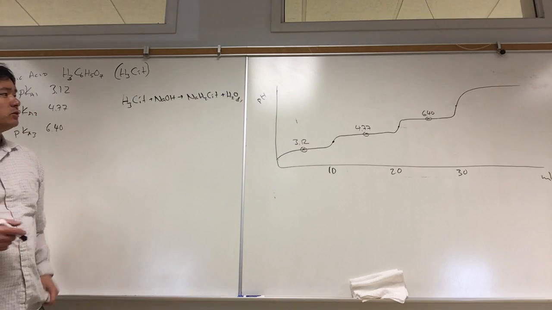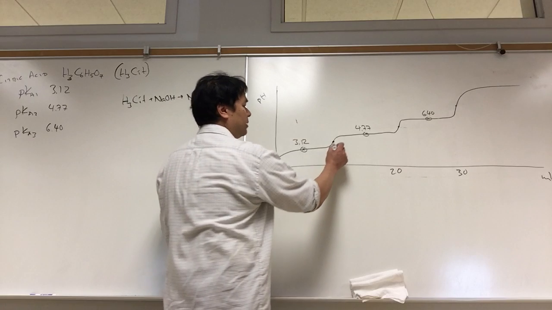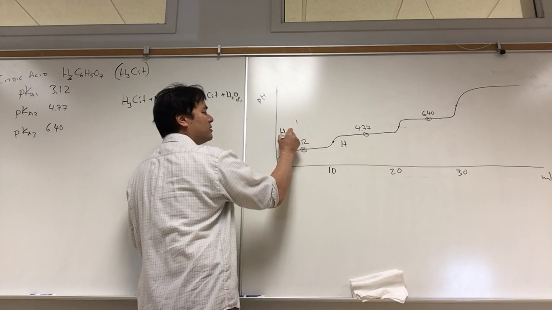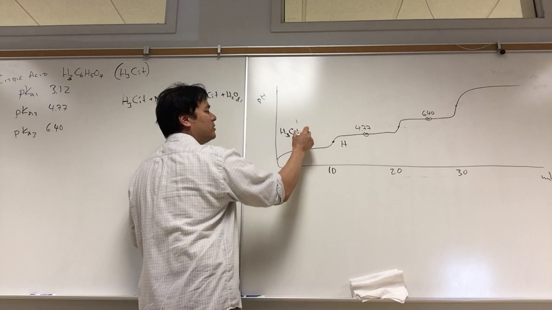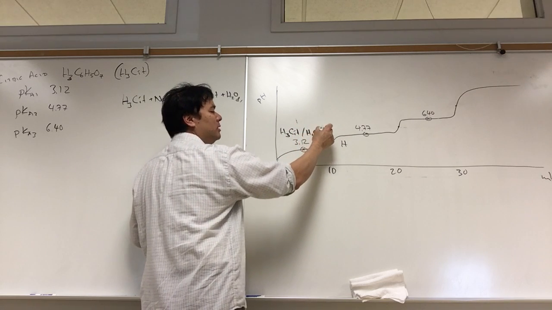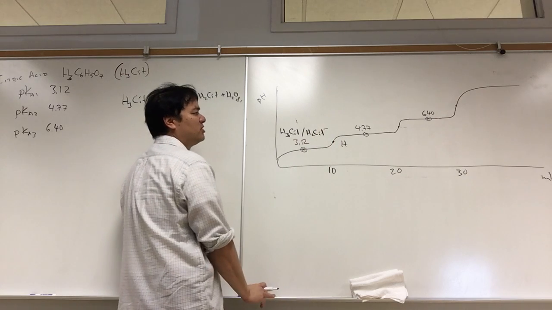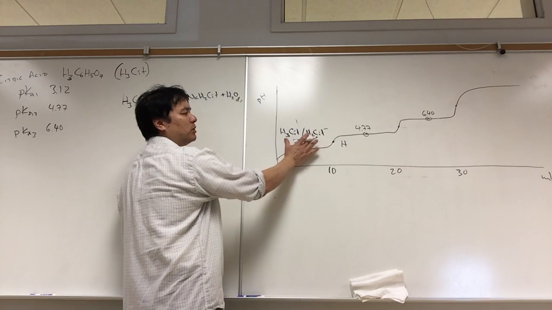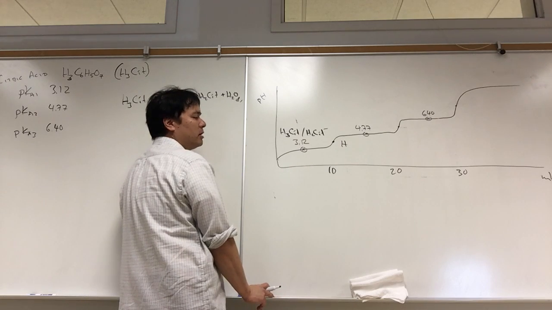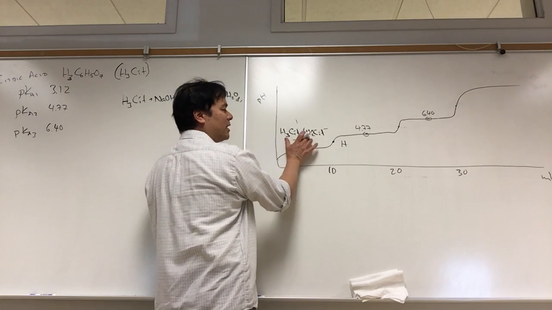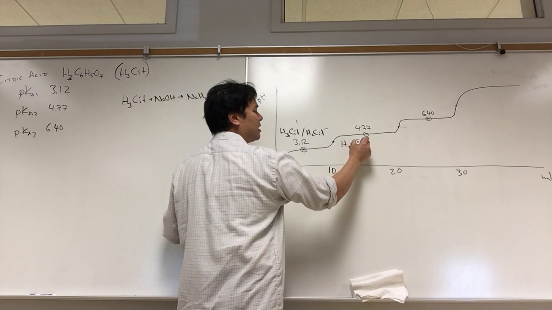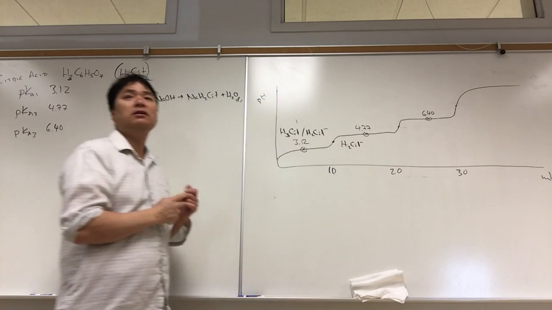In this buffer region, we have unreacted acid, which is H3 citrate, and some product, which is the conjugate base, H2 citrate minus, dihydrogen citrate. And so this is a buffer mixture, unreacted acid and conjugate base. It's a Henderson-Hasselbalch buffer. But once we've reacted all the acid, then we're just left with the conjugate base. In this case, it's amphoteric.